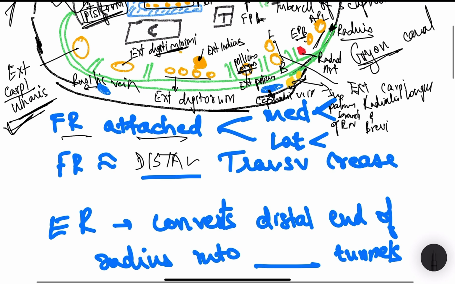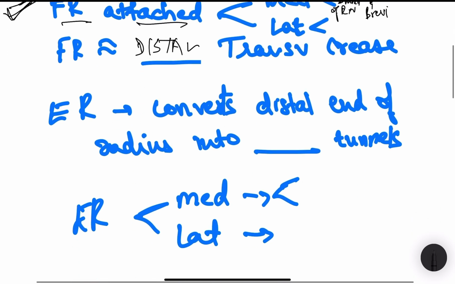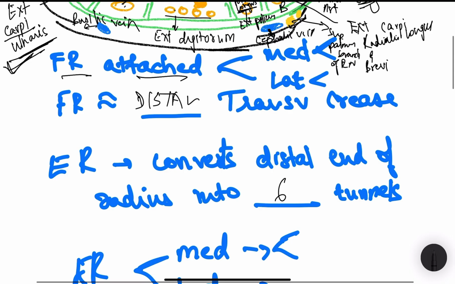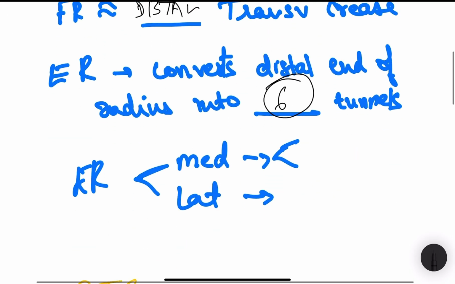Really important. Extensor retinaculum converts distal end of radius into how many tunnels? Let's count it. 1, 2, 3, 4, 5, 6. Obviously 6 tunnels. You should know which tunnels have what as the content.